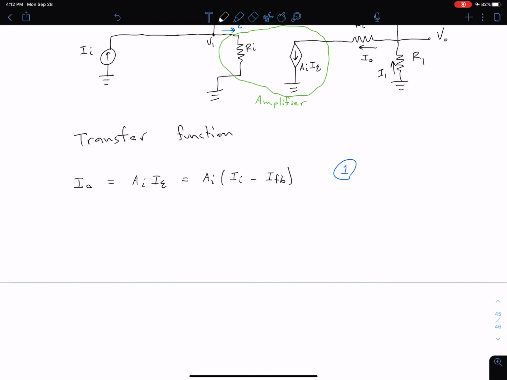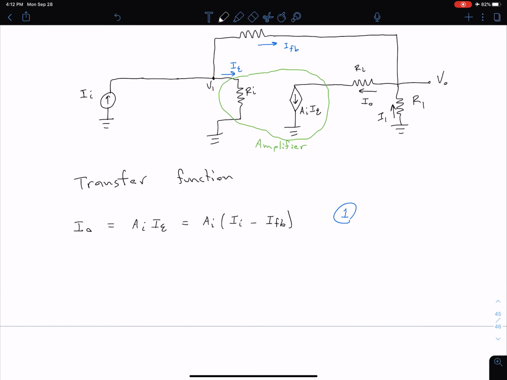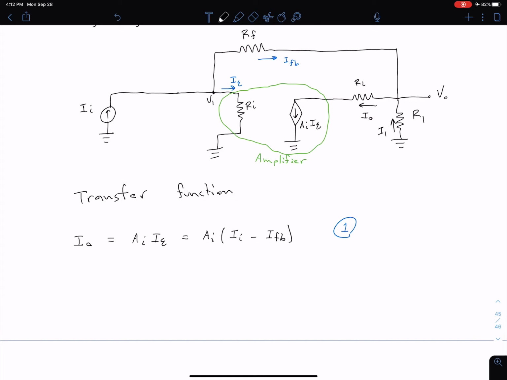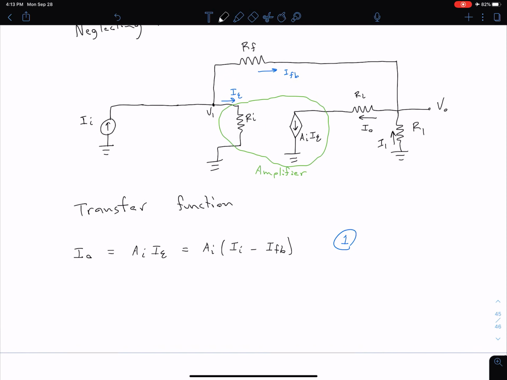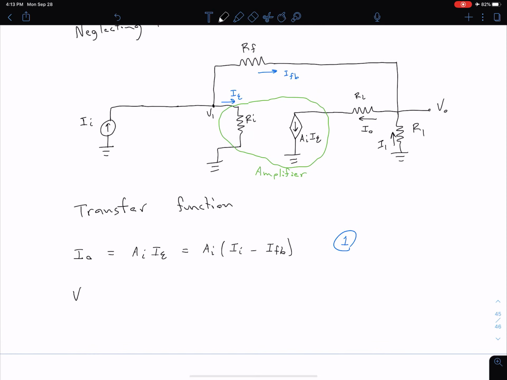And now we can look at some voltages, and ultimately we're going to be looking for a way to get rid of this IFB term here. So we want this to just have I out and I naught. So we want to ultimately be able to substitute in for something there. What we're going to start with is saying our V out is equal to this VI over here on the left minus IFB times RF.